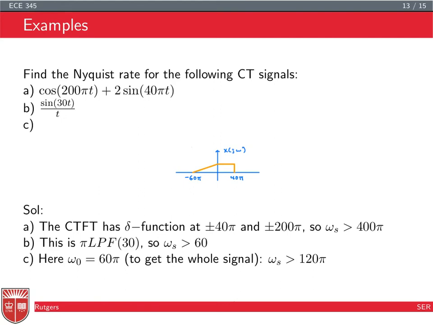So maybe the importance of this example is that you want to find the maximum frequency on both sides, because if you answer 40 pi, then when you shift this with omega s, if it's equal to 80 pi, you're going to create some overlap. This is why you want to take into consideration the biggest frequency on each side, because these things are going to be shifted.